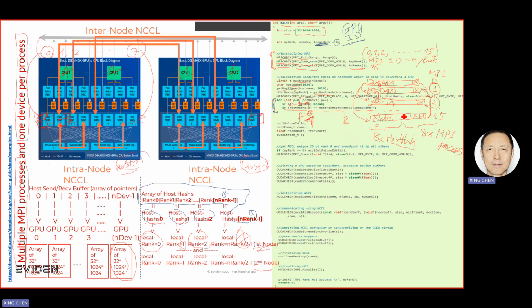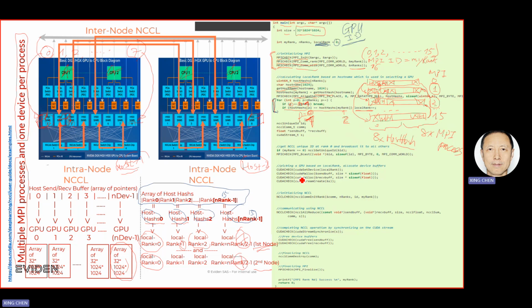Their host hash will be the same. And then, from MPI process 8 to 15, each MPI process is going to have their local rank start again from 0 and end with 7.